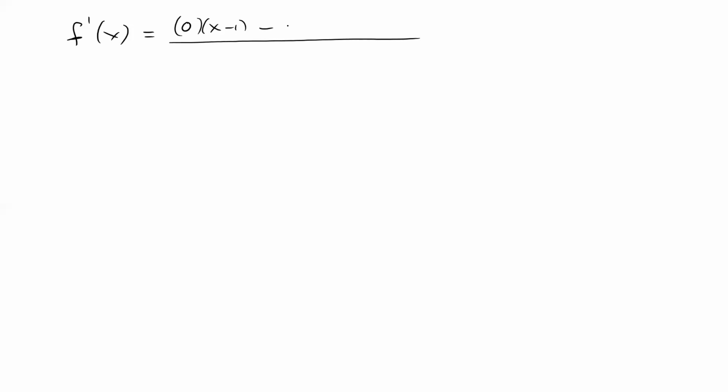Then it's going to be the derivative of x minus 1, which is 1, times 2 over x minus 1 to the second. So how about negative 2 over this one squared? I think we're good there. Are we good there? And then you have to put g of x into the x.